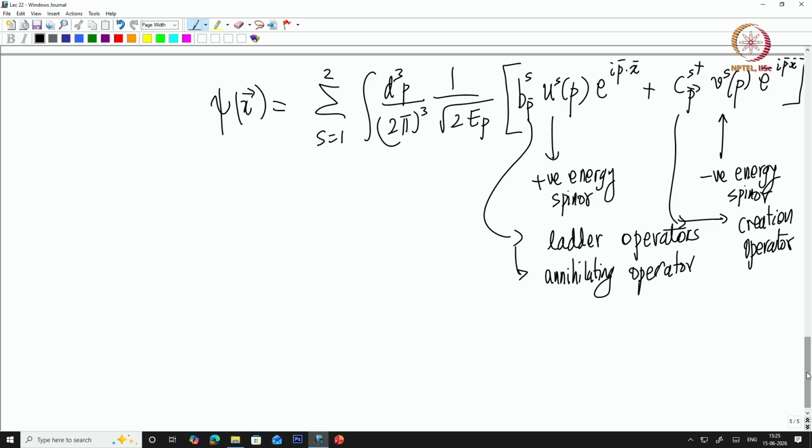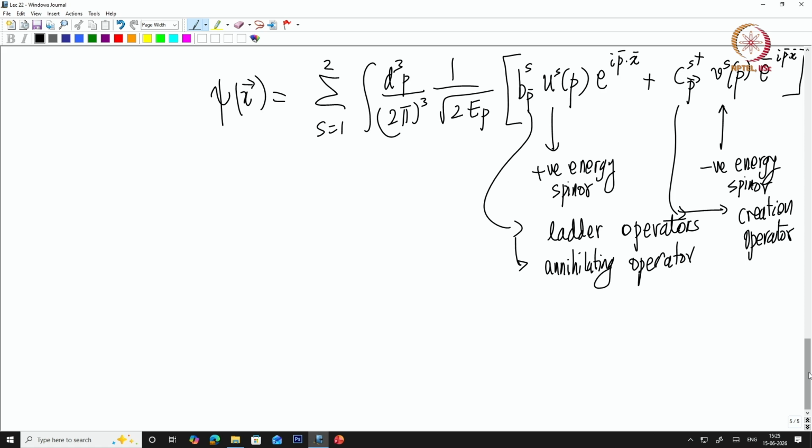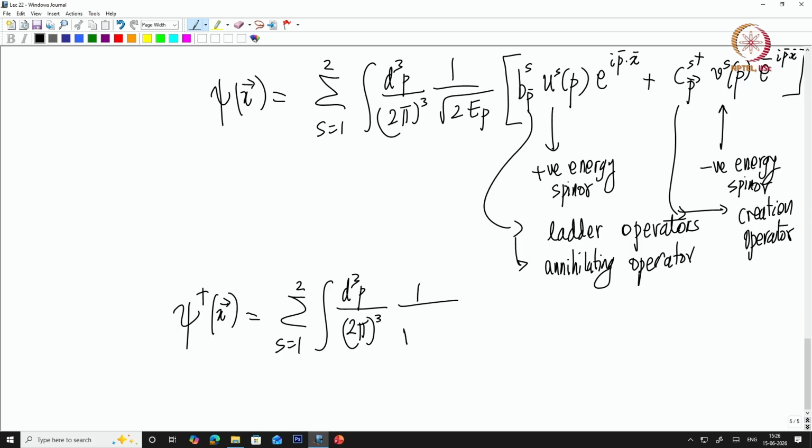Now, you can think of the same thing with psi dagger of x. This is for spin states 1 and 2, essentially plus half and minus half.